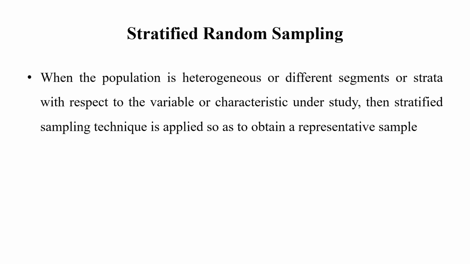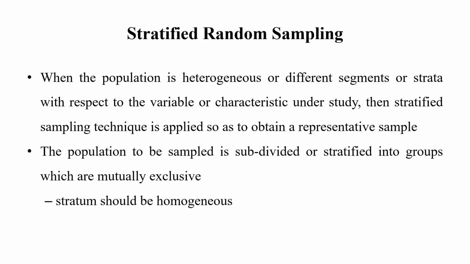So next one, stratified random sampling. When the population is heterogeneous, with different segments or strata with respect to the variable or characteristic undertaken by the study, then the stratified sampling technique can be applied to select a representative sample.